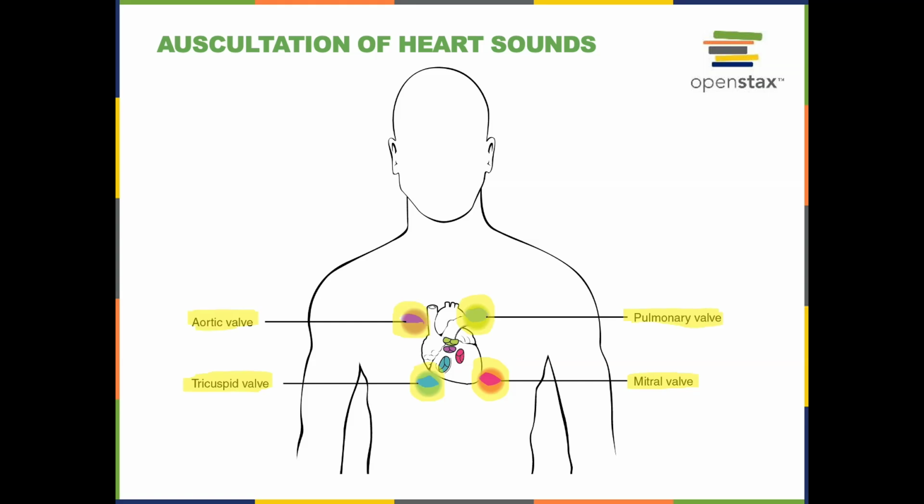Moving the stethoscope to listen to the individual valves can enable the diagnosis of abnormal heart sounds, such as a murmur that could result from a heart valve that does not close entirely, allowing some regurgitation.